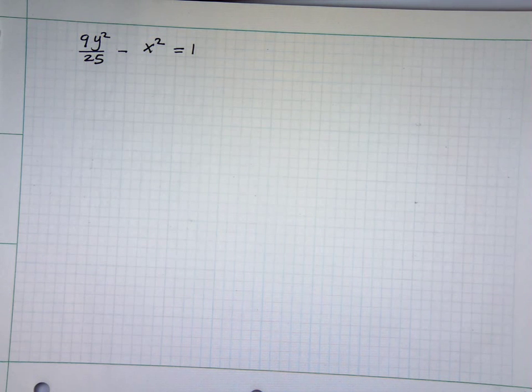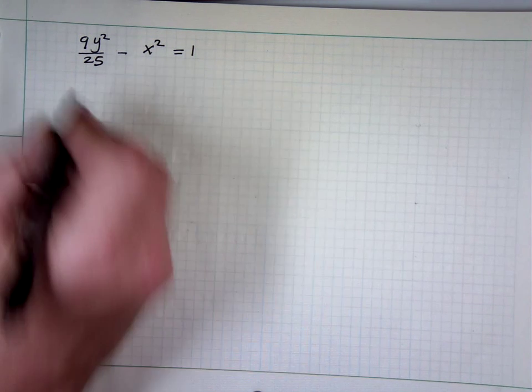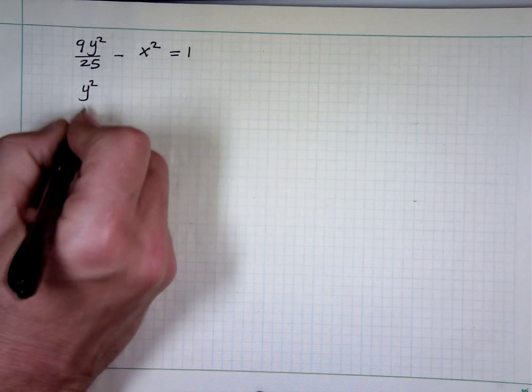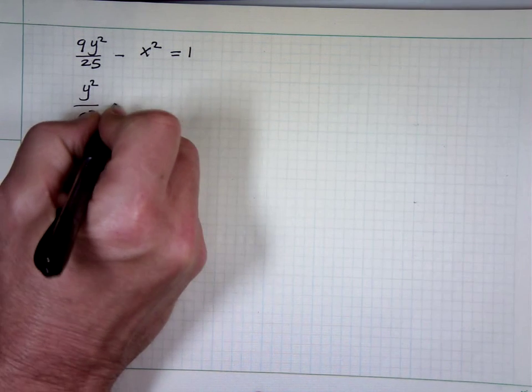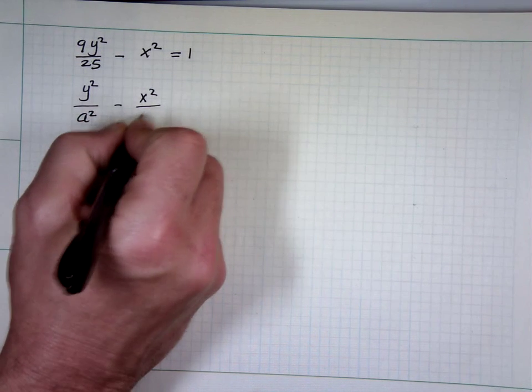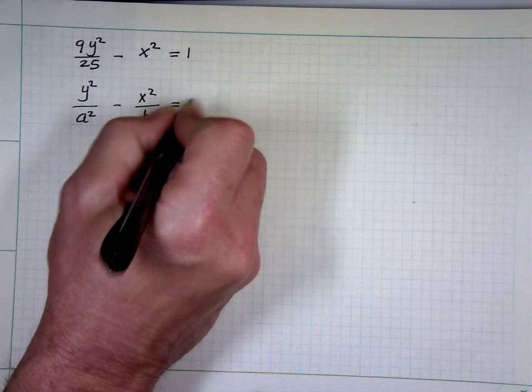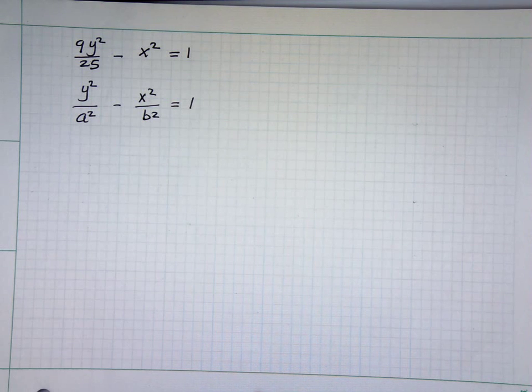The positive is y, so we know it's along the y-axis. So I need to match this form. How can I take that 9y squared over 25 and rewrite that? What can we do? Any suggestion? Multiply by 25. I want to make it look like this.